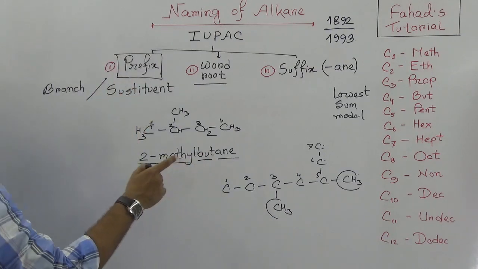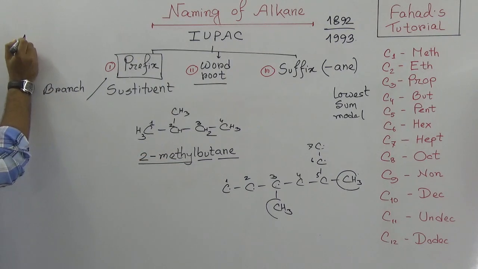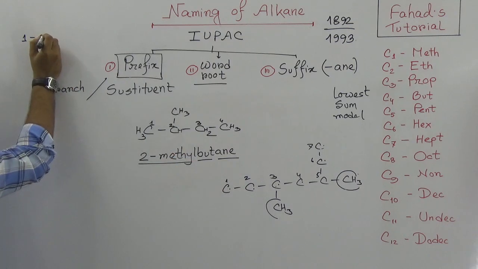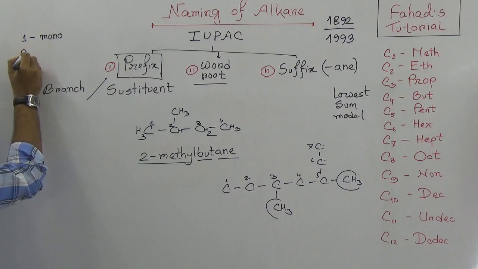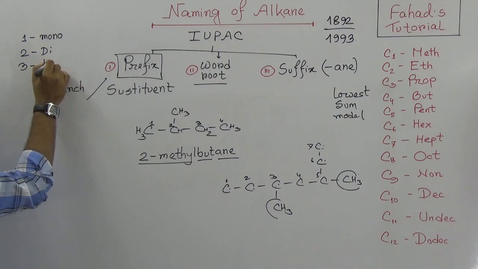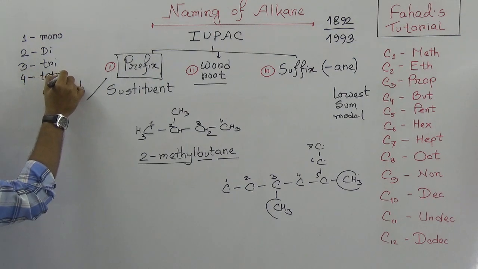That is why when we count the number of branches, we must think that if there is a single methyl, then it will be mono, or we should say 2 is for di, and when there are 3 it would be tri, 4 tetra.